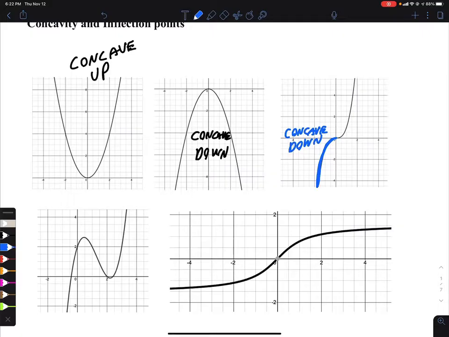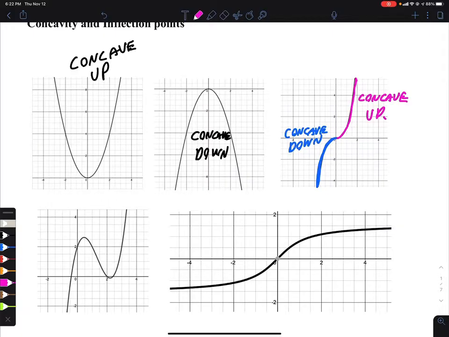But if you look at the right side, it looks like a concave up, right? It's a portion of the concave up. So that section is concave up.